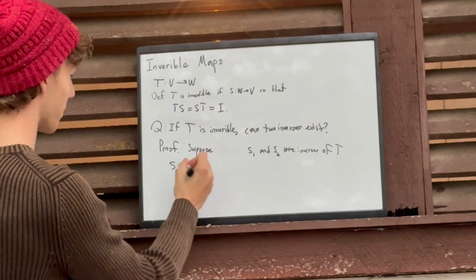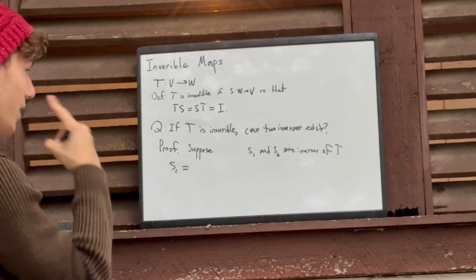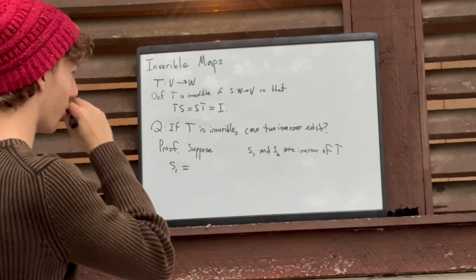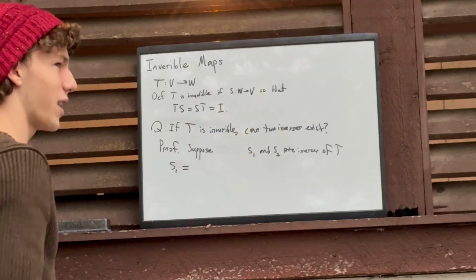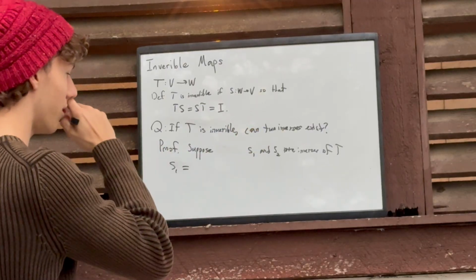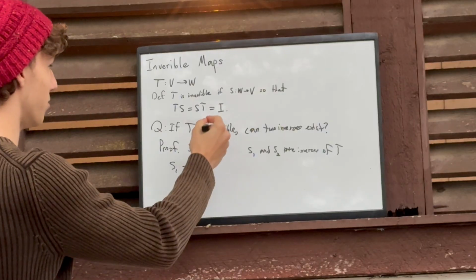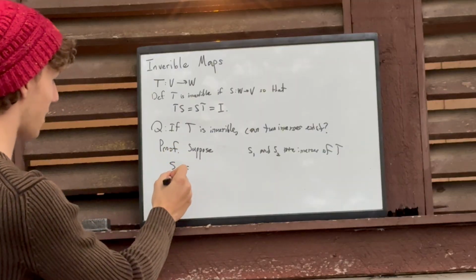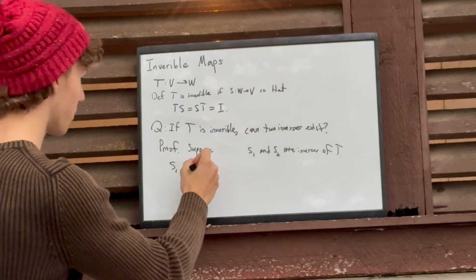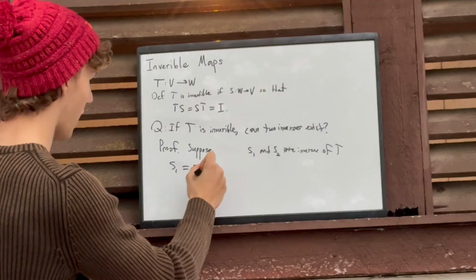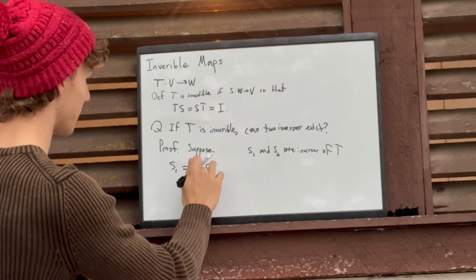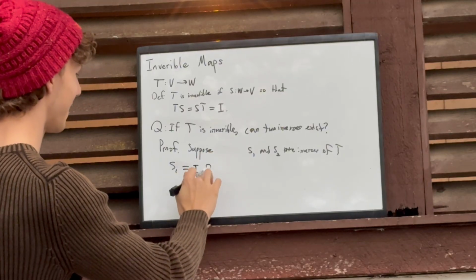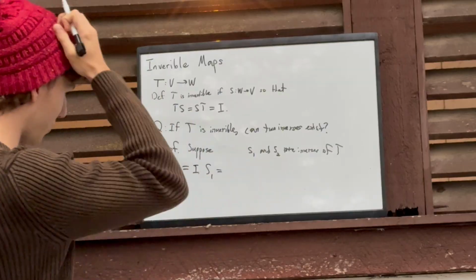All right, so start with S1 equals, how do we get S2? Well, we want to use this inverse property. And how do we bring S2 into the picture? Well, we know that S2 composed with T is the identity, and we know that the identity composed with S1 is just S1. So S1 is the identity composed with S1, because the identity doesn't do anything.